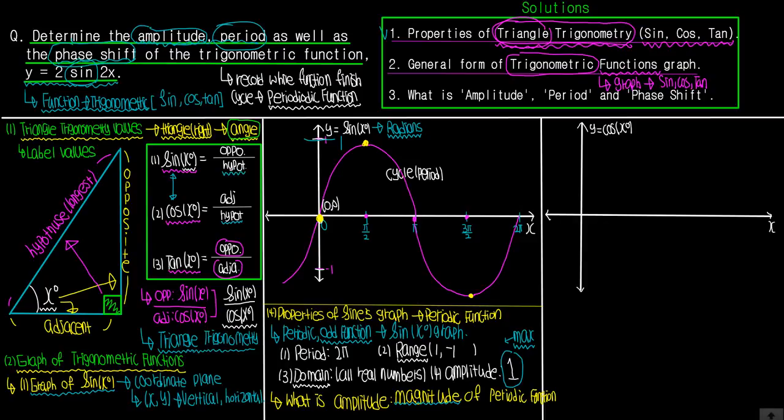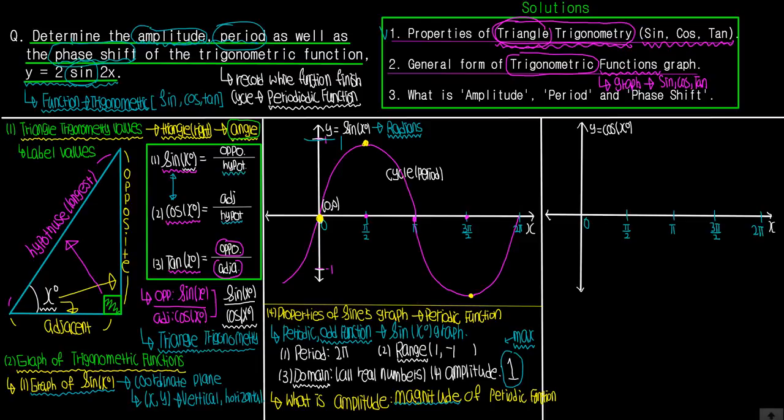The labels will be the same: 0, then 90 degrees, which is pi over 2, then 180 degrees, pi, 3 pi over 2, 270 degrees, and 2 pi, which is the end of the cycle.